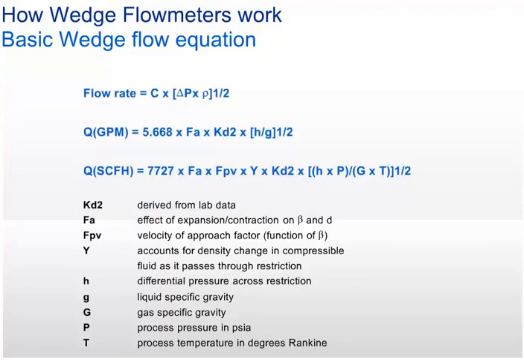After calibration, the as-built meter factor can be entered into the calculation, and the final dP at maximum flow can be calculated. It's important to have all the process variables available when performing sizing, and the user needs to ensure that they are correct.